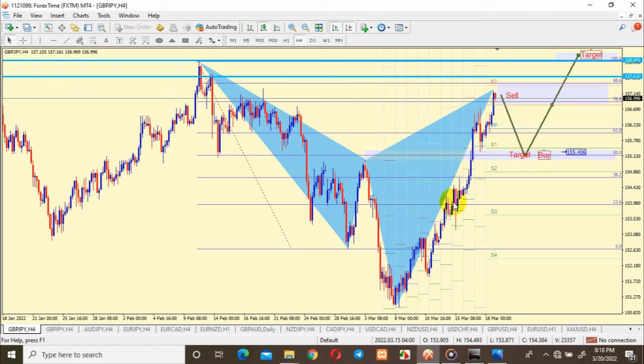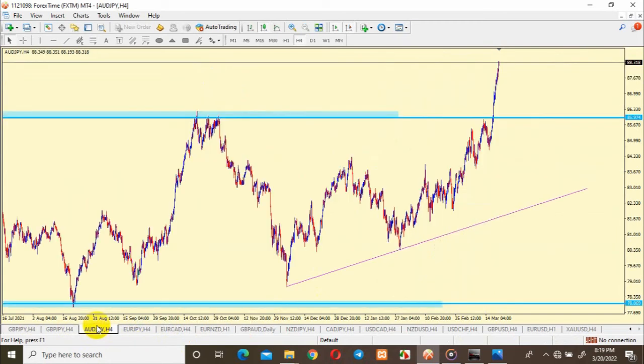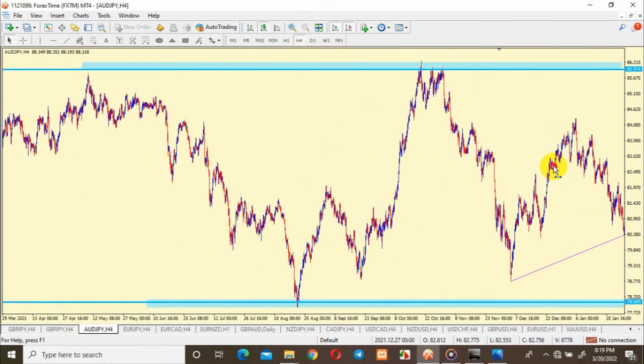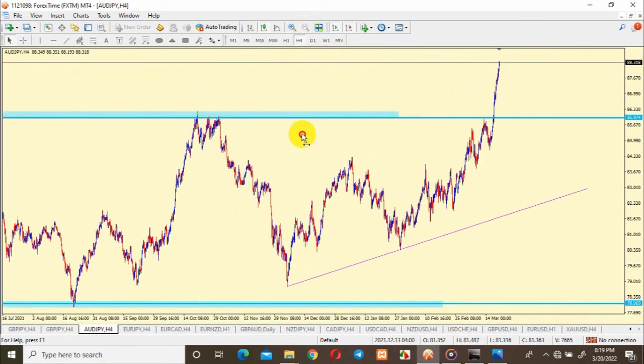Okay, double barrel. Let's see if I can go further. Let's see AUD JPY. From analysis, you see price. In fact, if you look critically, I'm seeing a harmonic pattern that is playing out seriously.